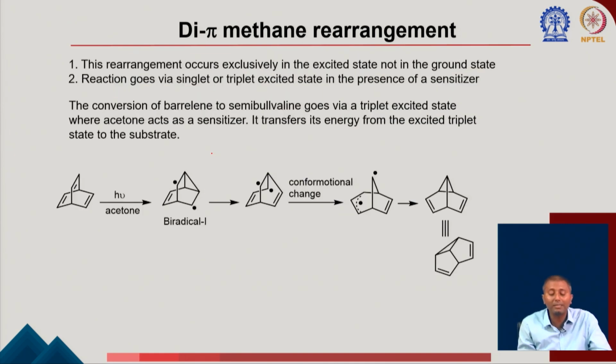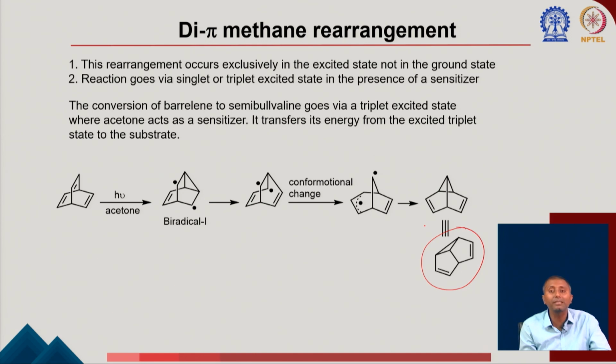Now, we are trying to understand the mechanism of this reaction, the conversion of barrelene to this particular compound. You have to understand there is an important thing in this reaction: the rearrangement happens exclusively from the excited states, and it can go via the singlet or triplet excited state depending on whether you are using sensitizers.